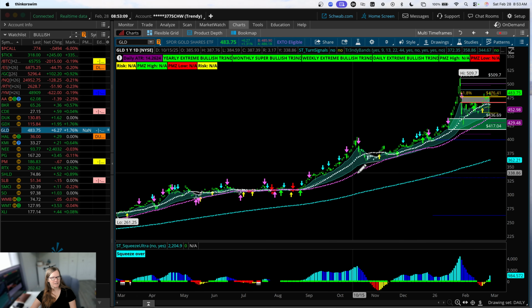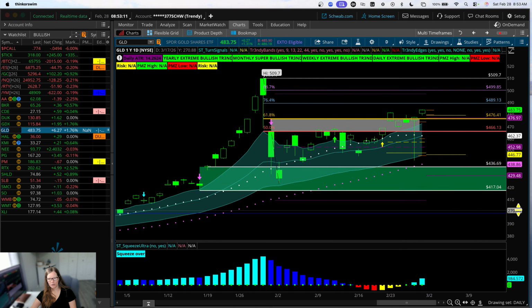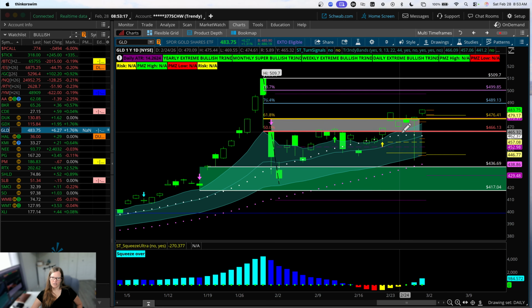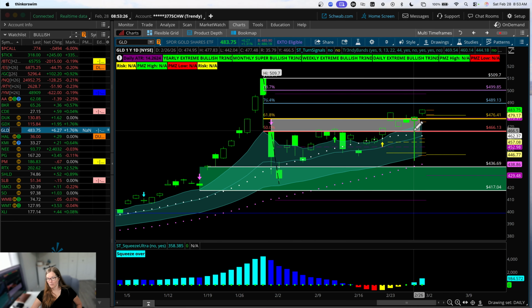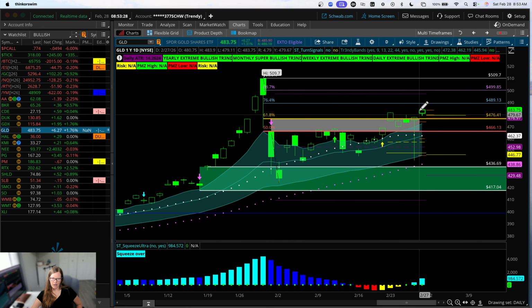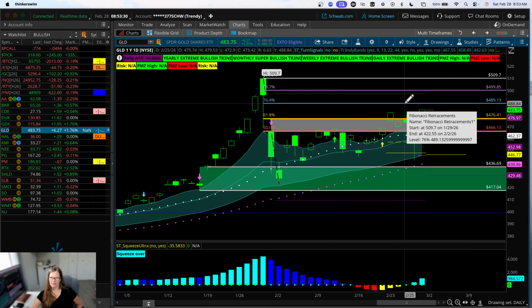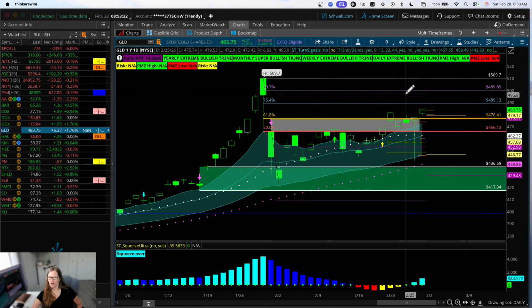Gold has been something that I've been focusing on, just trading for day trades. And gold, I gave you this zone to buy the dip last week, and you can see that it was a good place to buy a dip. The targets remain the same for a gold swing, and that's 489, 499, and 509.